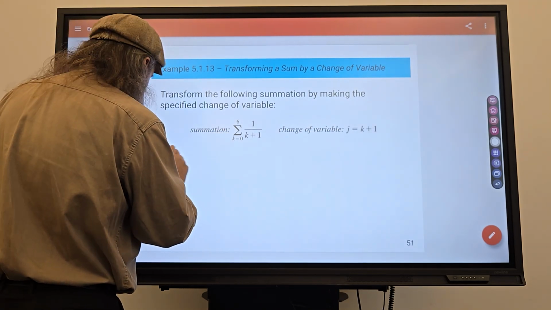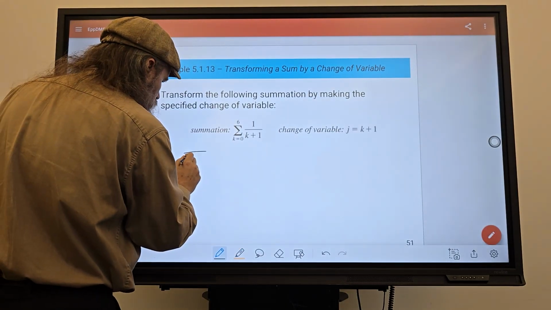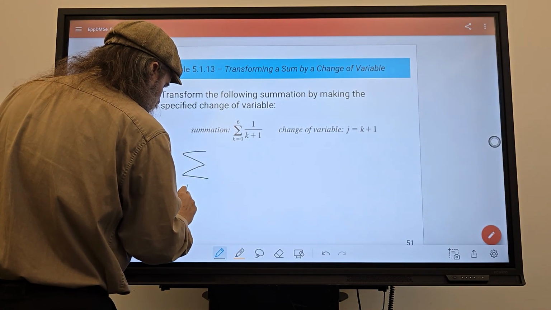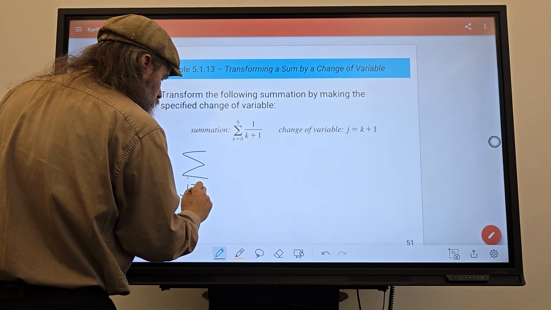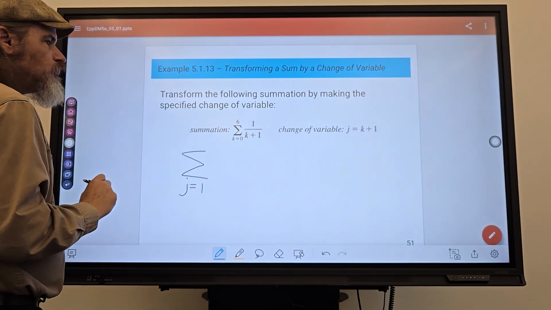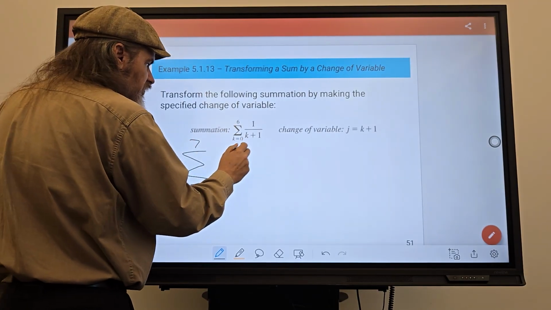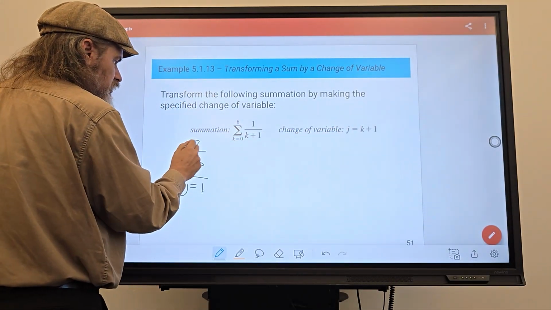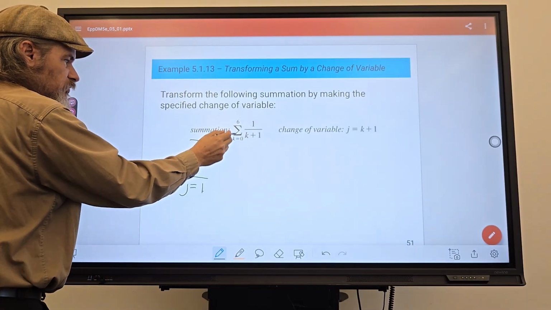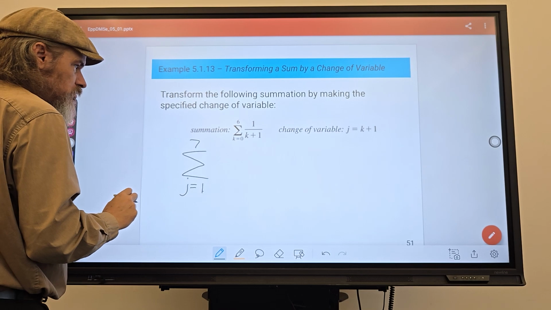You'd have j equals 1 to 7, because it's k plus 1, so you have plus 1 here and plus 1 here to give you 1 and 7.